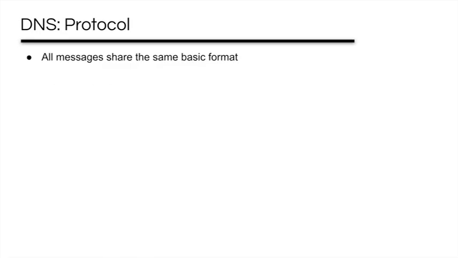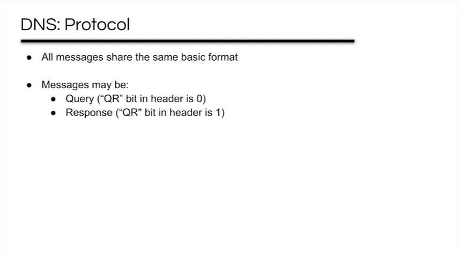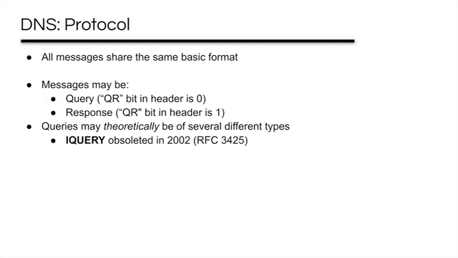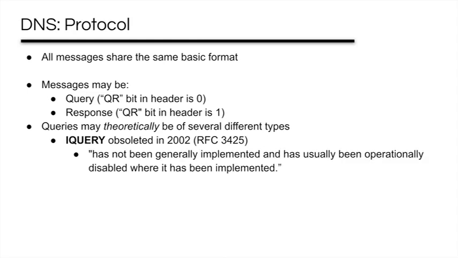So all messages share the same basic format. The messages can be either a query or a response, and this is determined by a QR bit in the header. Queries can also theoretically be of several different types. There's the iQuery, but this was obsoleted in 2002. The RFC that obsoleted it had this note that iQuery has not been generally implemented and has usually been operationally disabled where it has been implemented.